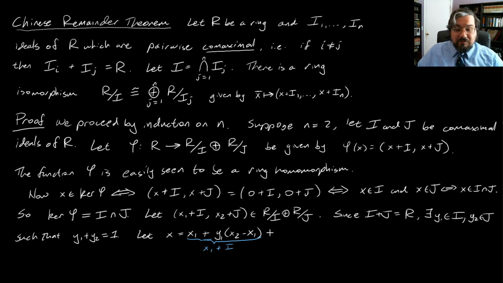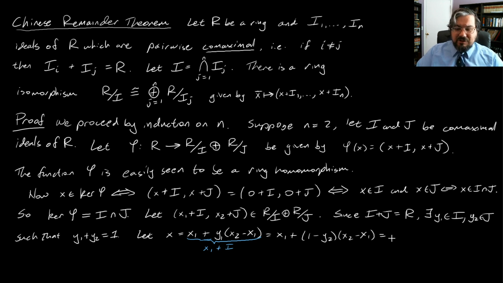But let me now rewrite it. We have that y1 plus y2 is equal to 1, and another way of writing that down is to say that y1 is 1 minus y2. So x is also equal to this expression, but now we notice that if we were to distribute this out a little bit, we'll have x1 plus an x2 plus a minus x1.